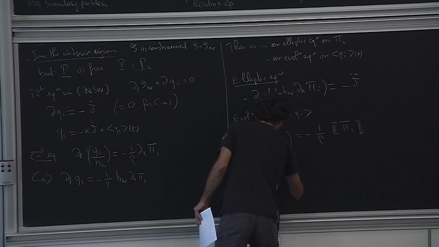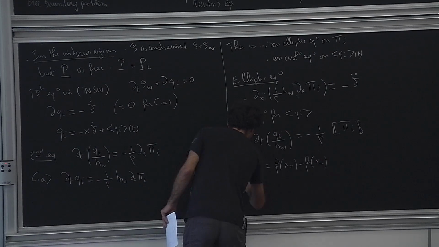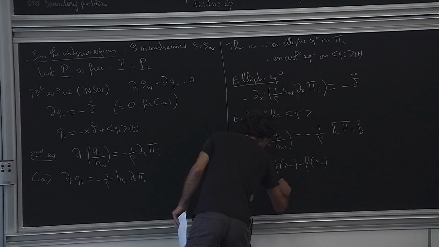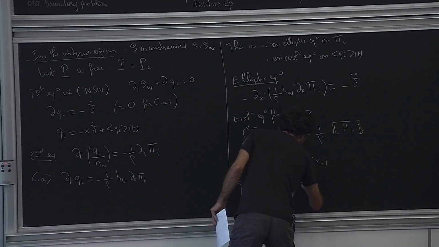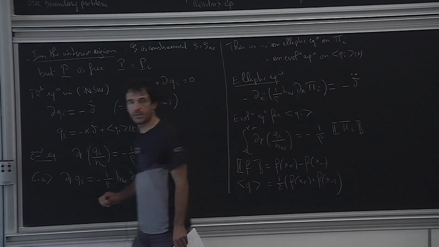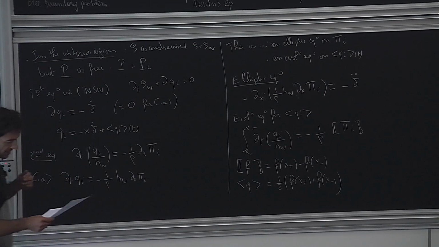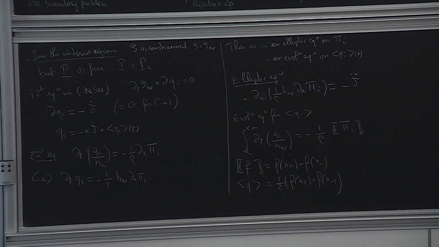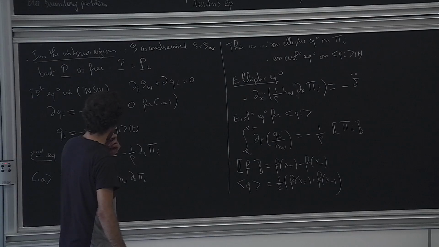This is f x plus minus f x minus, and I will have this notation for the average of these two quantities. If I am in the second configuration, I replace x plus and x minus by plus or minus L.